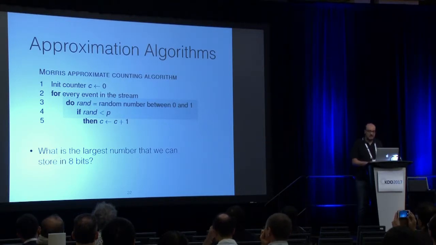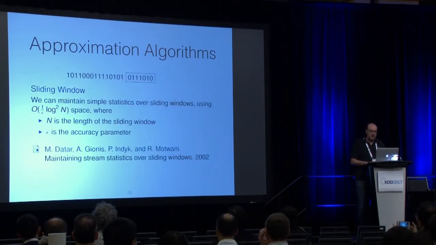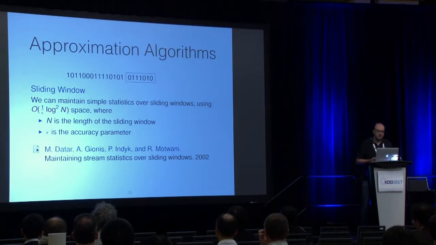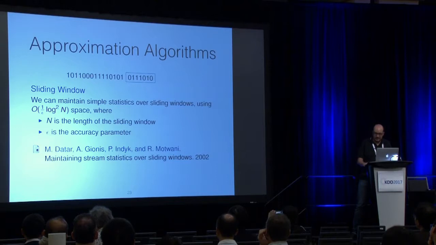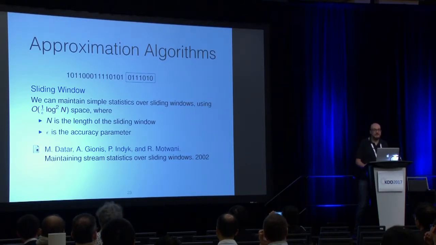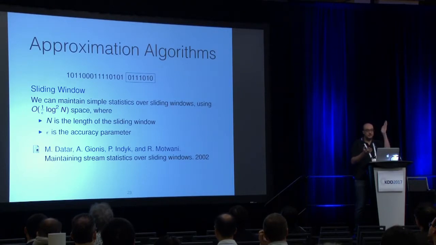If we do this, then we can store the logarithm, and we have this very nice approximate method. Another nice approximate method that is very used in streaming is the streaming sliding window. If we want to compute the average and the variance of a stream, usually this is easy if we store from the beginning, using only counters.